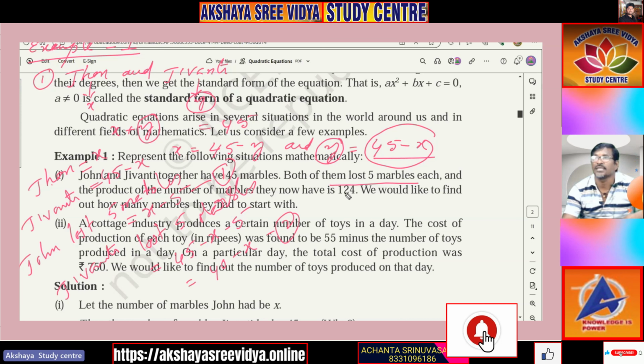But see here, the product of the number of marbles. What is the product? The marbles John has left and the marbles Jivanti has left. That is the product. It implies x minus 5 into 40 minus x is equal to 124.